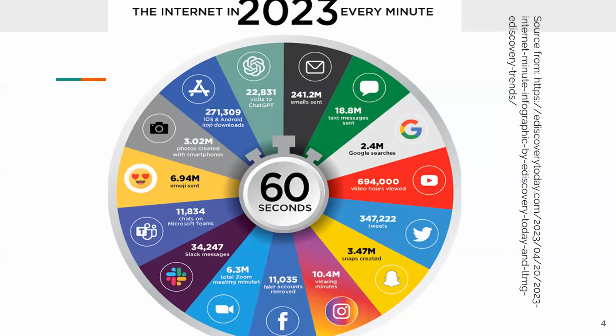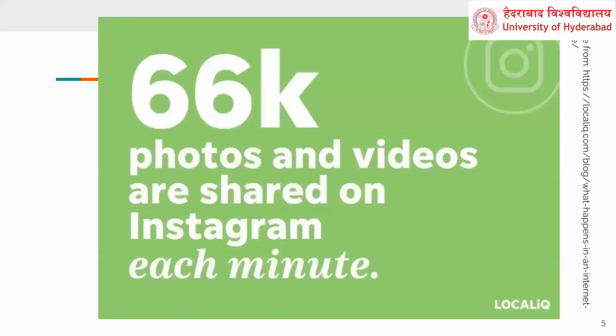And in fact, the other website, eDiscovery, gives the same thing. Facebook, if you see the trademark of the Facebook, here the different kind of statistics are projected. 11,035 fake accounts are removed in 1 minute, in every minute. So this is what is happening over the internet every minute. So we can see how much data transmission happens over the internet every minute.